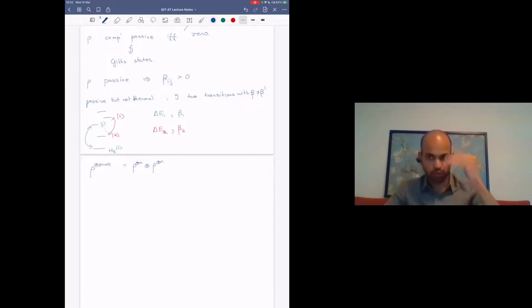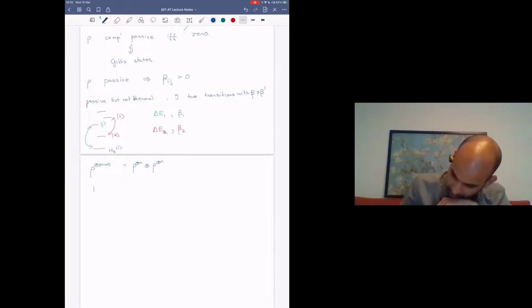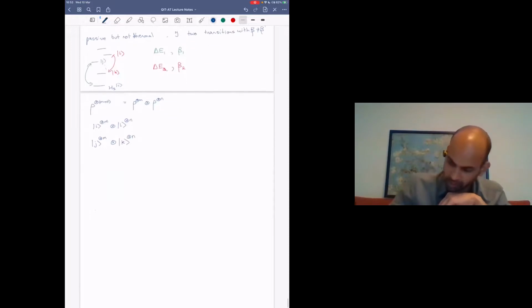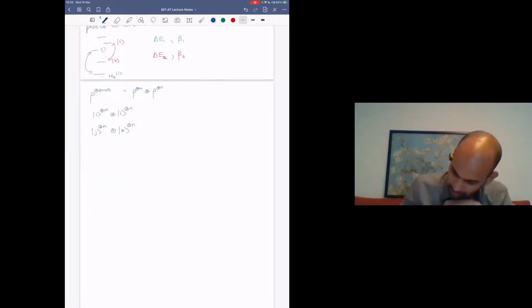And I'm going to look at two energy levels in this state. These are the energy levels I tensored M, tensored L tensored N, and the state J tensored M, tensored K tensored N. What this corresponds to, using the diagrams that we're used to, is M times these states.